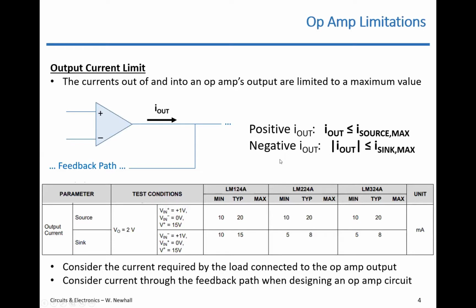So we've talked about voltage limit, we've talked about current limit. Let's talk about slew rate. Sometimes we forget about slew rate. Slew rate limits the rate of change of the output voltage.